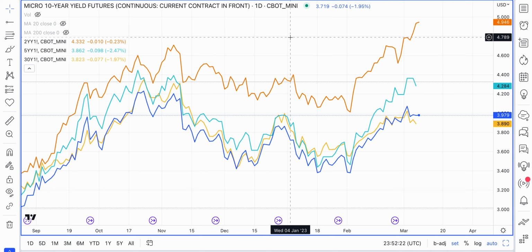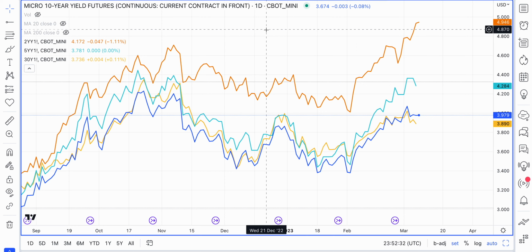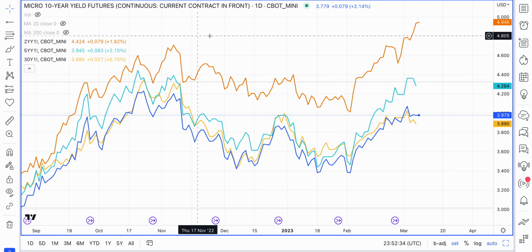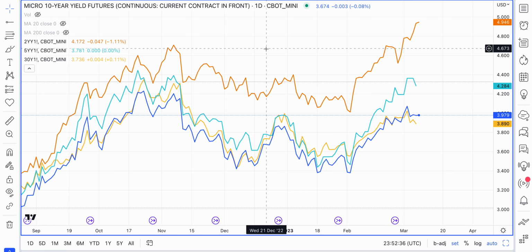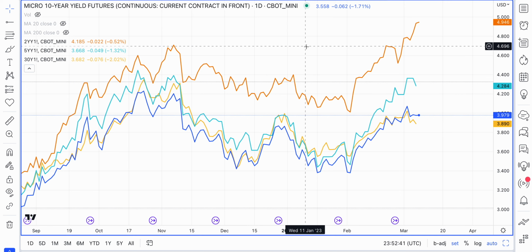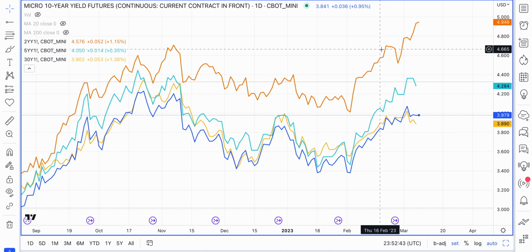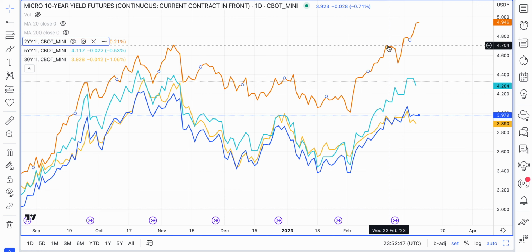So what we are looking at is a daily chart of the different treasury notes, and we also have the long bond here. I'm using the micro contract here because I find it an easy way to represent the information that we are looking at. The yellow line is the 2-year treasury note.